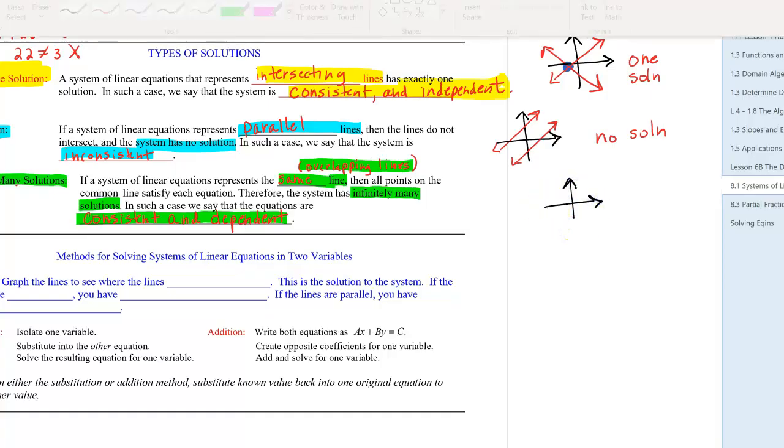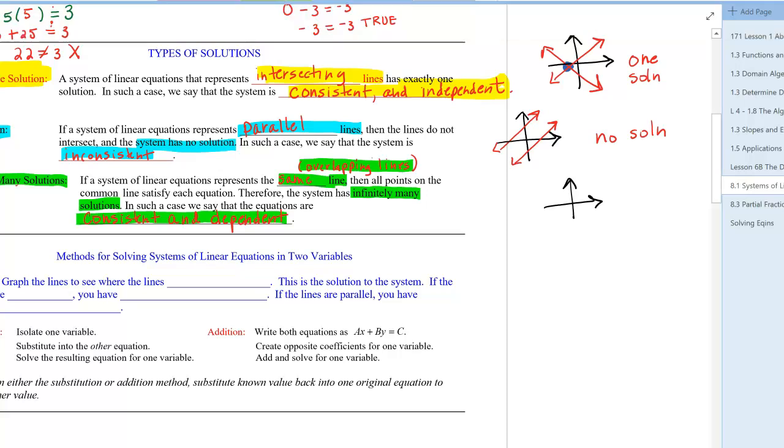if you have a line here, but then you have another equation that represents the same line or overlapping lines, then every single ordered pair on these overlapping lines is going to be a solution.